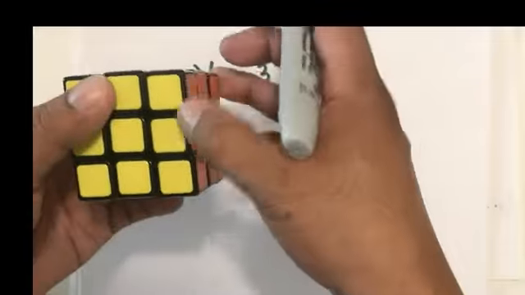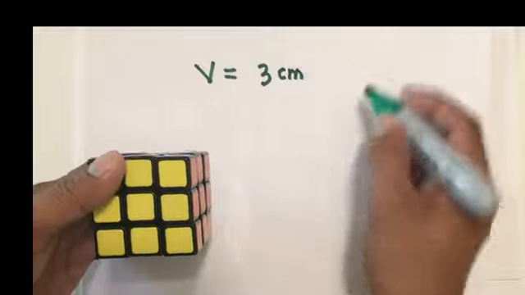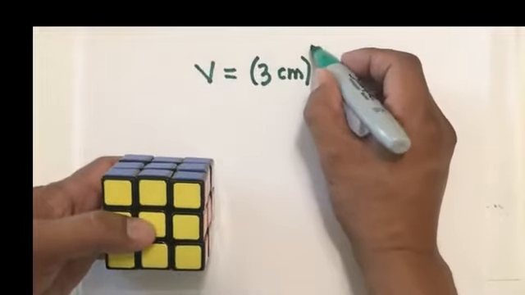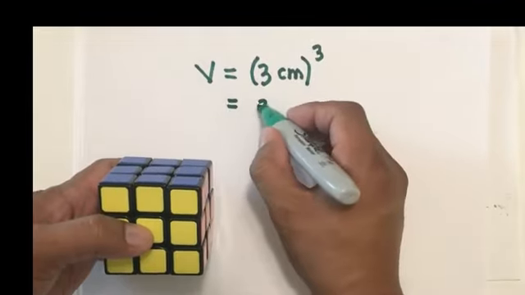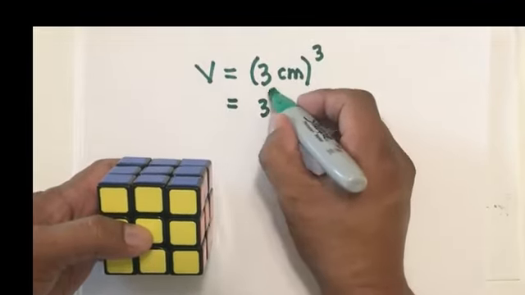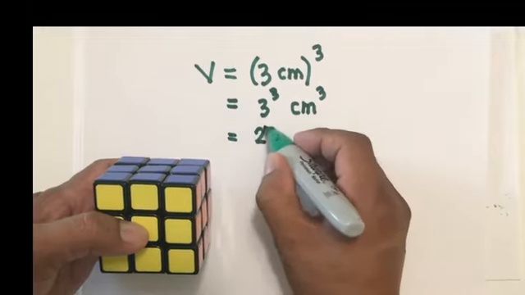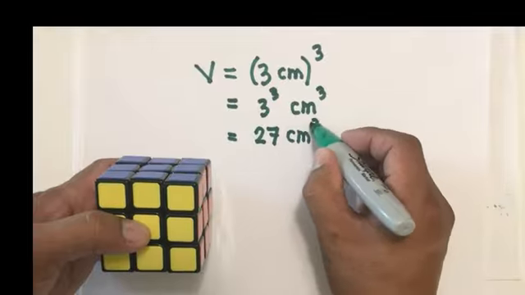Let's assume that this is centimeter. So the side length is 3 centimeters raised to the third power. So we get 3 to the third and centimeter to the third. 3 to the third is 3 times 3, 9, times 3, 27, and centimeters cube.